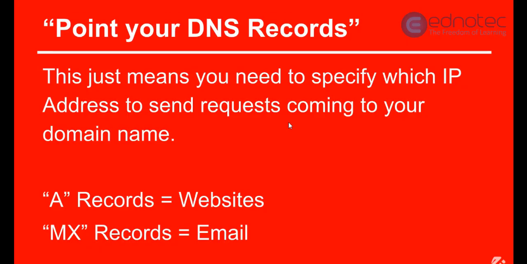If you've ever had your webmaster say, point your DNS records over to this IP address, it may sound like a lot of Greek, but it's really pretty straightforward. That just says you own the domain name, and you need to point what's called the A record for your website over to the IP address of the hosting account that they likely set up for you. Now, if it's your email, that's considered an MX record. So A records for websites and MX records for email. There are a lot of other ones available as well, but those are the two most common.